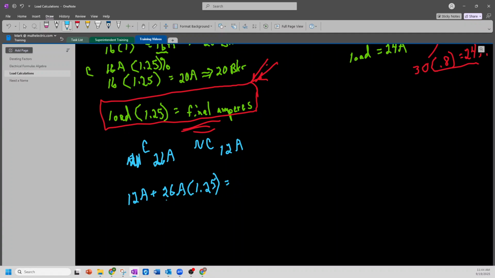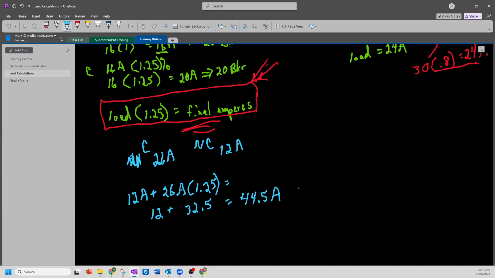So we take 26 times 1.25, which is 32.5, and we're going to add it to 12, which gives us 44.5 amps.